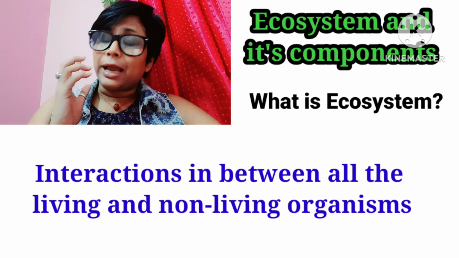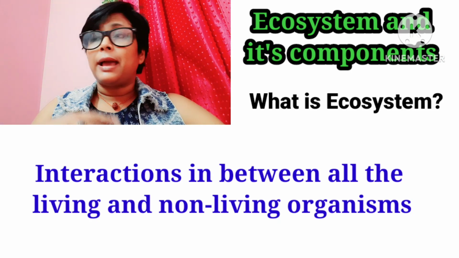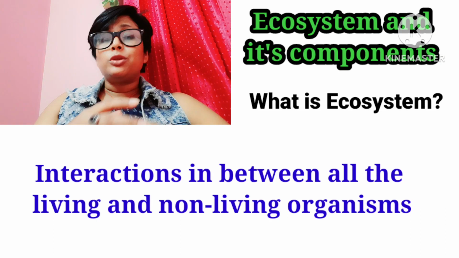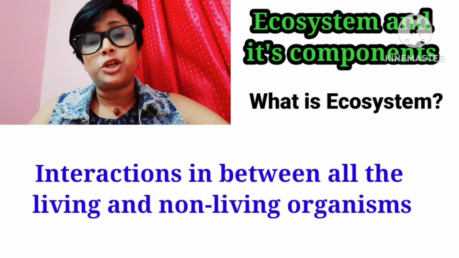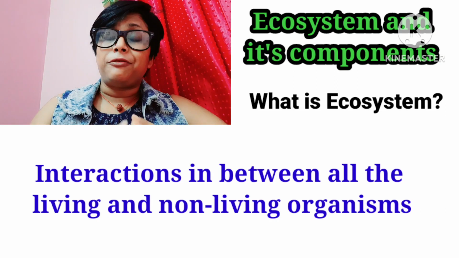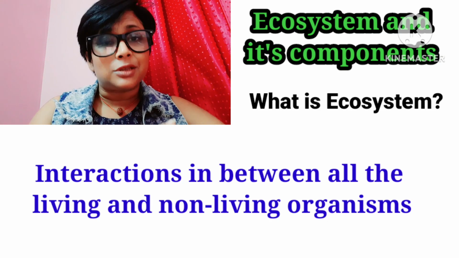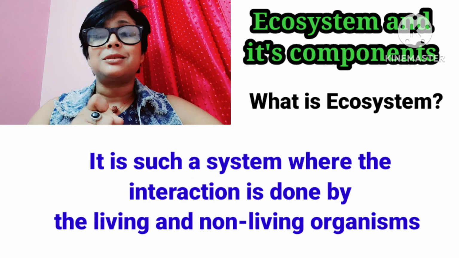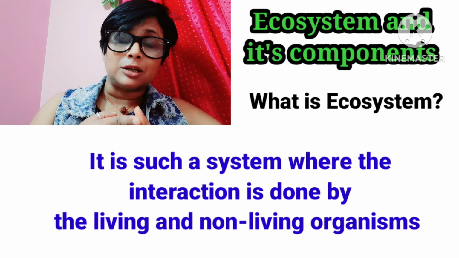And I also have some interactions with the non-living things like air, water, everything. So this is the ecosystem. So what will be the definition of ecosystem? The ecosystem is such a kind of system where all the interactions are done by a living organism, right?